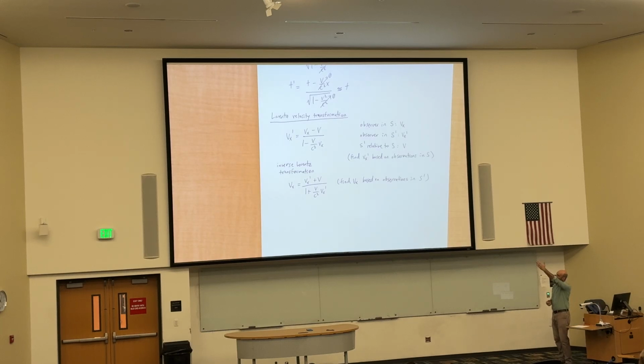So in the first case, you would use the first Lorentz transformation. So this is, again, you're the person or observer in S. I'm in S prime walking across the room.